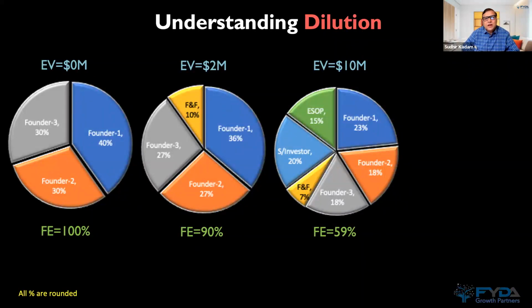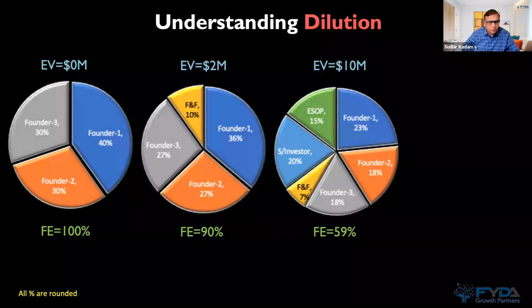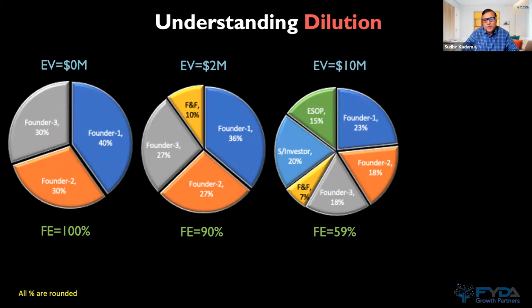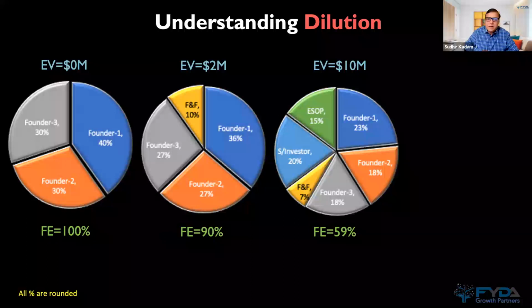So he will always tell you, and this will be one of the conditions in your term sheet, that you should carve out the ESOP. Now, ESOP need not be 15%. We will talk about that a little later. It could be lower than 15%, but I'm just taking it as an example.